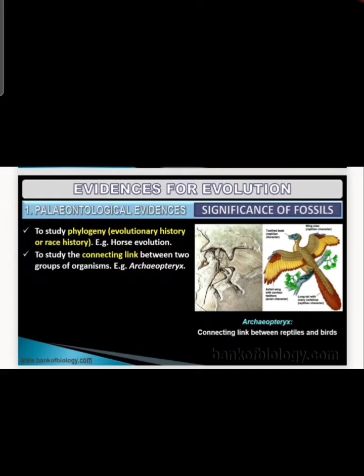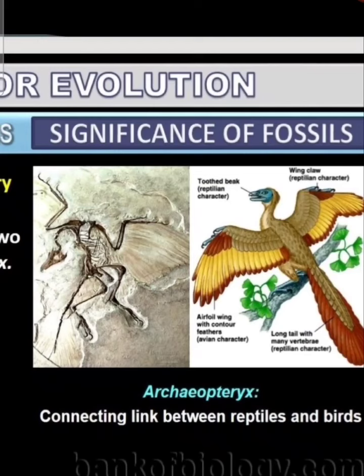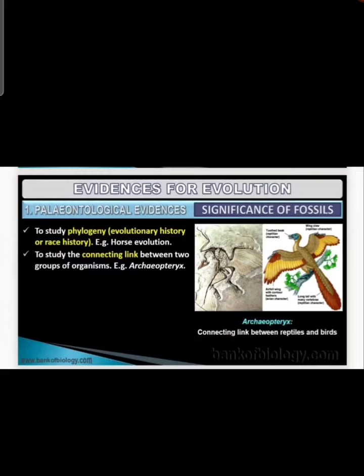For example, Archaeopteryx is one organism which has characters similar to reptiles and also shows characters of birds. Some organisms evolve in such a way that they show the connecting link between two different types of species. So Archaeopteryx is called the connecting link between reptiles and birds.